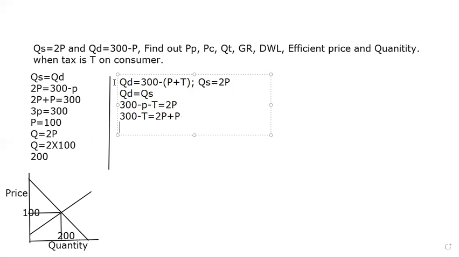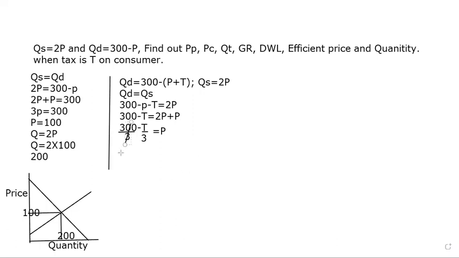So 300 minus T divided by 3, as we have 3, equals P.